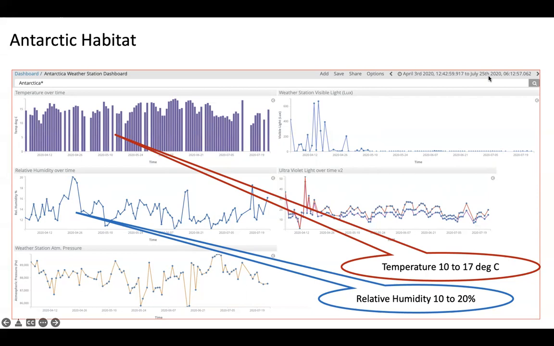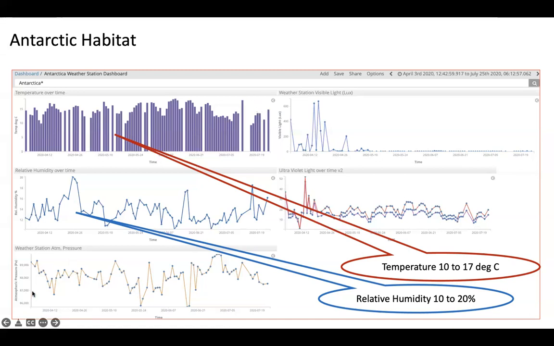So this is Antarctica, Southern Hemisphere, during July, midwinter. Inside the habitat, they were keeping it around 10 to 17 degrees, which is very okay during winter.